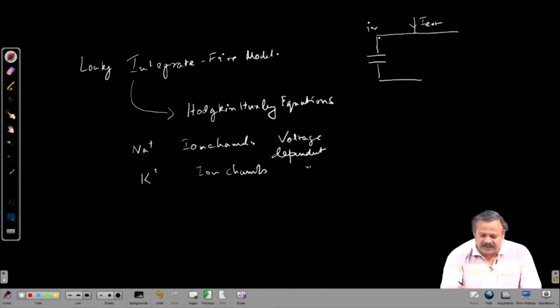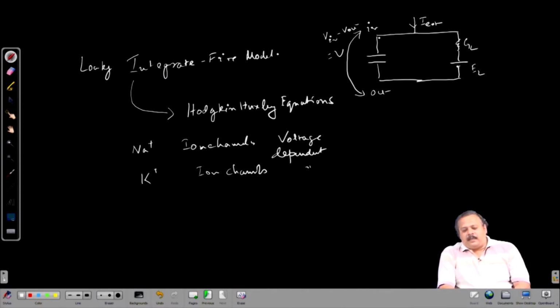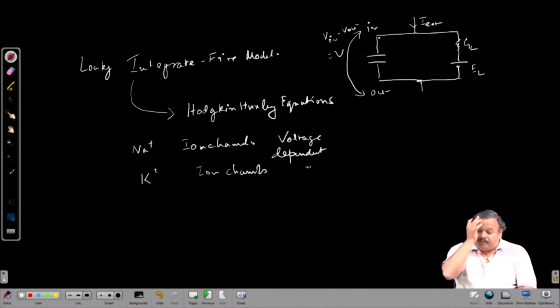This is the inside, this is the outside, this difference V in minus V out is our V, that is the membrane potential, and we had this G leak and E leak that makes up the leaky integrate and fire neuron. Now, we had said that the path of current is across the membrane, and so that is why we have the G leak and E leak in parallel to the capacitor.